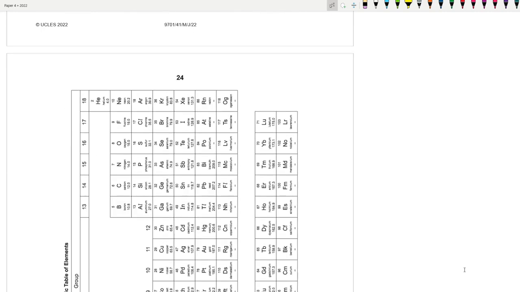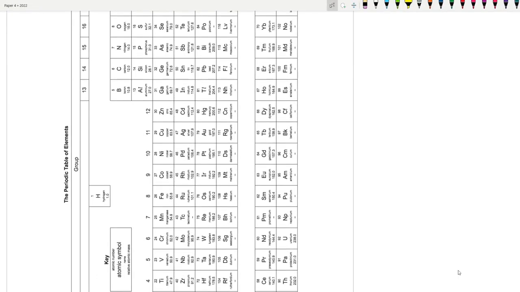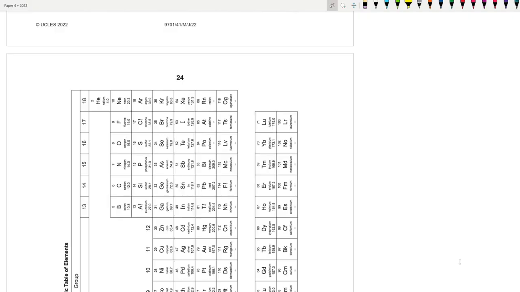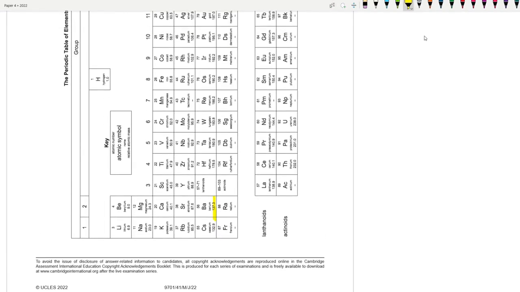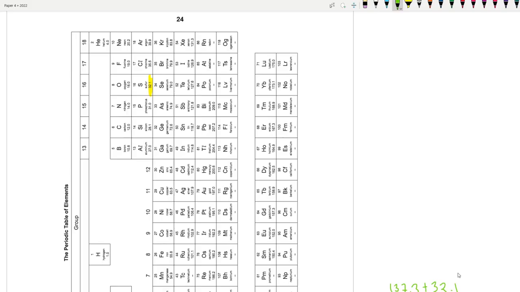Barium is 137.3, sulfur 32.1, plus oxygen 16 times 4, that's 64. That gives a value of 233.4.